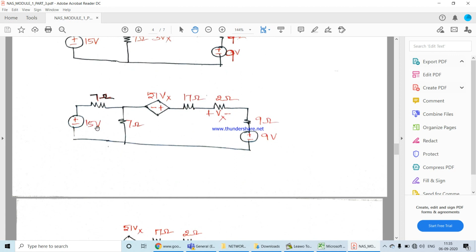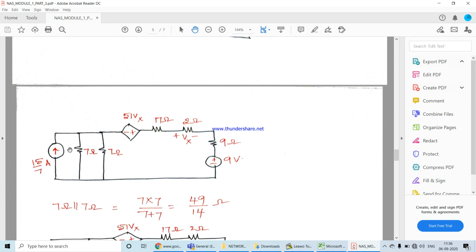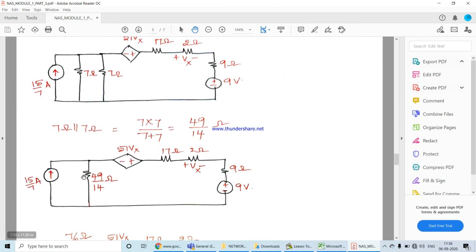Now we saw these two are in parallel, meaning we have two different loops here. To convert into one single loop, we need to convert this series to parallel. So we got this current source in parallel with the resistance, and then we found that there are two resistances in parallel, which we converted into one equivalent resistance, and then the entire thing is in series.